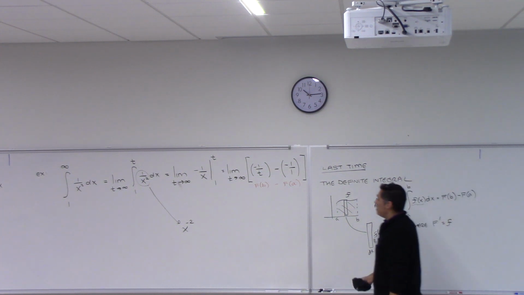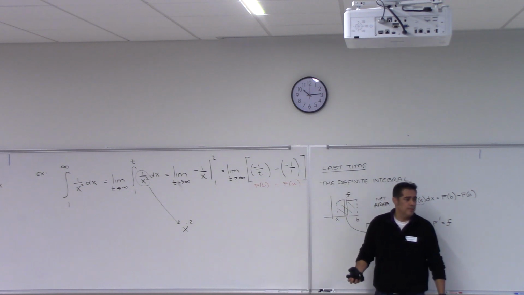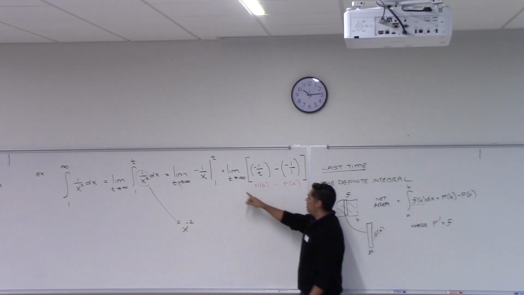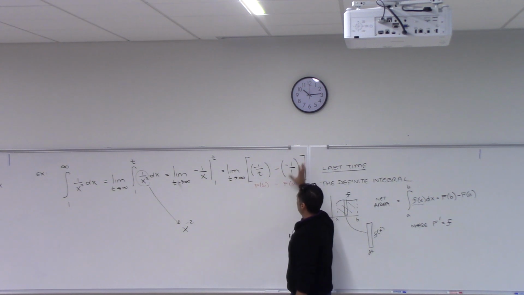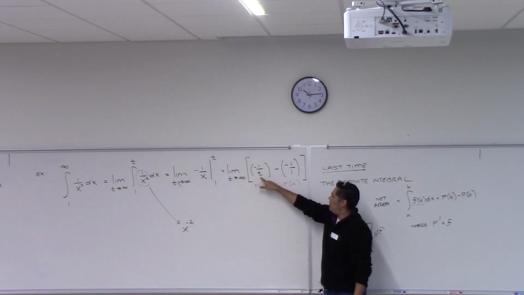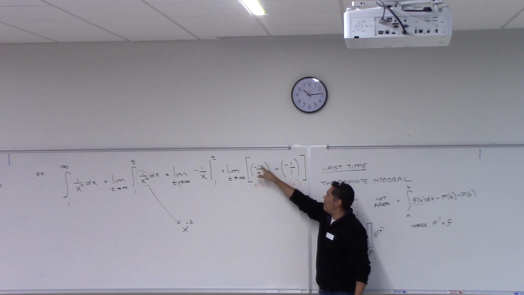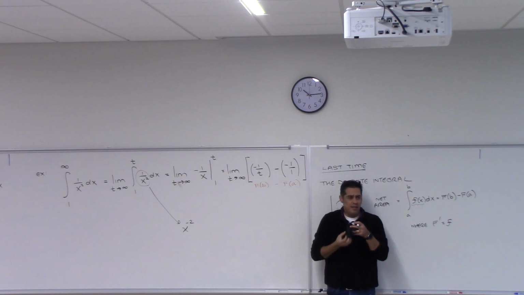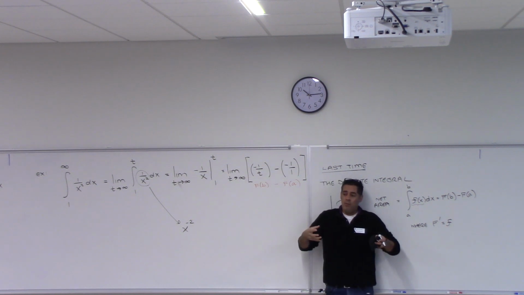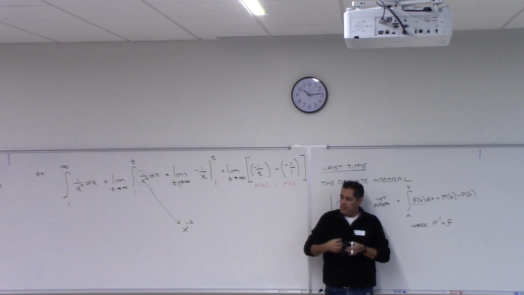So now we're back in Cal 1. We have to evaluate a limit. We have to see what happens as t goes to infinity on this expression. Well, here's t. What happens as t grows? Well, it shrinks. Negative 1 is fixed on top, and the denominator gets huge. What happens when your numerator stays fixed and your denominator gets huge?